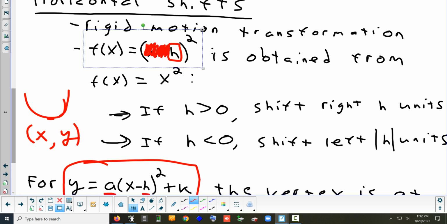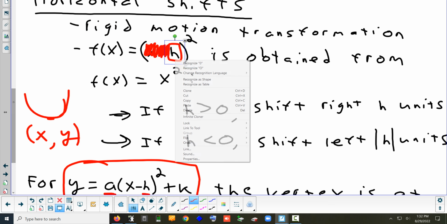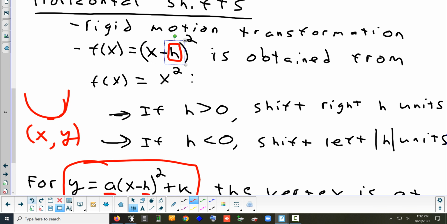So if the value after the x minus is greater than 0, it's right, and less than 0, it's left. Okay. Thank you. Yep, you're welcome. It all depends on whether or not you're taking this into account when you're looking at it. Are you looking at the minus with the number or not with the number? So you can do it either way.